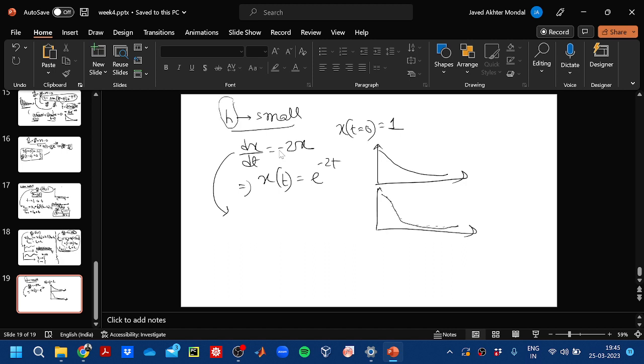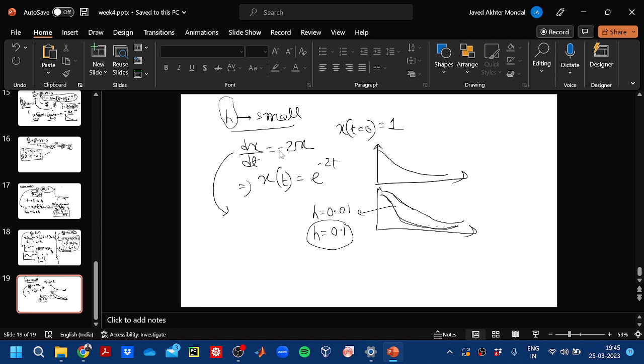Now, suppose this curve we get from h equal to 0.01. If we increase h to 0.1, then the behavior of this solution may change. Suppose for h equal to 0.1 we have a solution of this kind. So there is a problem of convergence.